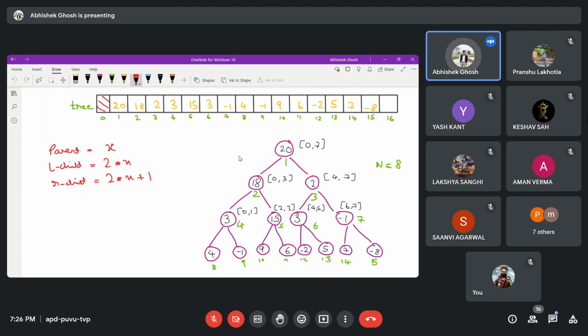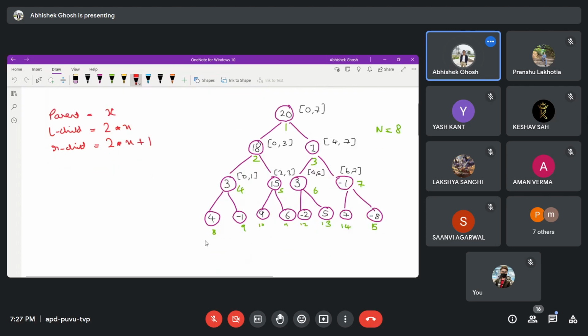Now when I talk about segment trees, we are storing the answers to smaller problems. If you look closely at the leaf nodes, what was the problem we were trying to solve? Our problem was the sum of the L to R range, which is our range query. So our leaf nodes basically contain the array values only. The sum of a range like 0 comma 0 is just a single element.